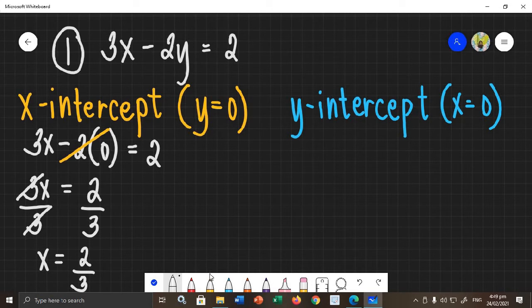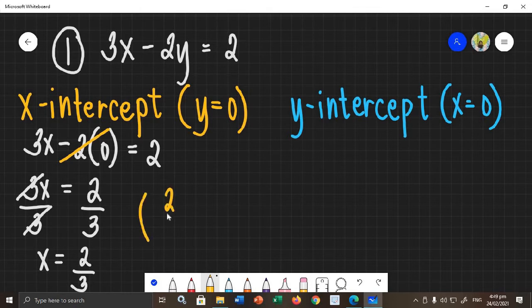When we write that, it should be in ordered pair kasi we will be looking for x-intercept. And as we all know, x-intercept, hindi naman natin siya mag-graph na ang given lang is yung x-coordinate. So, the x-intercept in this given number 1 should be written in ordered pair na form.